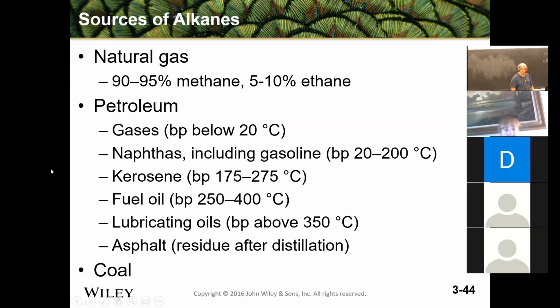These are the products that we can get from petroleum. Natural gas is about 90 to 95% methane. Most of the rest is ethane. It does contain smaller amounts of propane and butane.